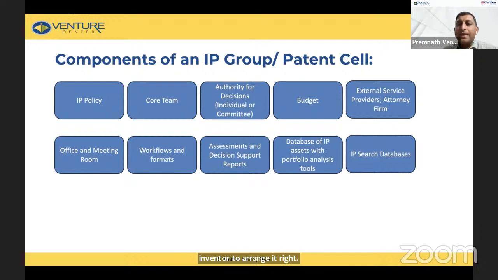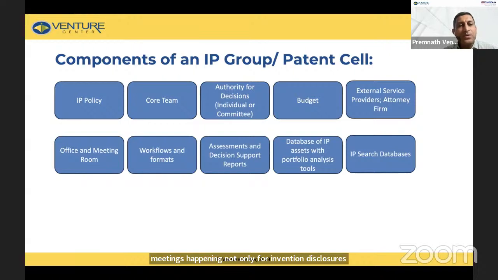You might have external service providers or attorney firms. So these are all pieces of the puzzle. You may engage with multiple attorney firms. You might have empaneled a bunch of attorney firms, or you might work with one of them. And as far as infra goes, an office and a meeting room is quite important, because invention disclosure meetings, if you have a reasonably prolific organization, you will have a lot of meetings happening, not only for invention disclosures, but for office actions, discussions with inventors, and so on and so forth.